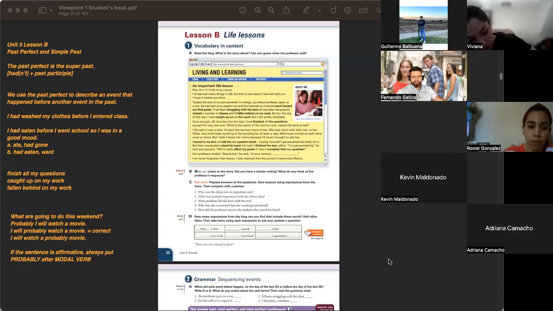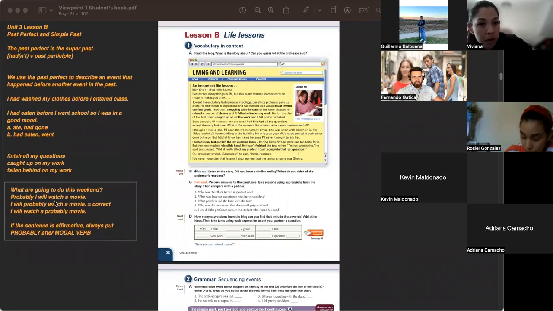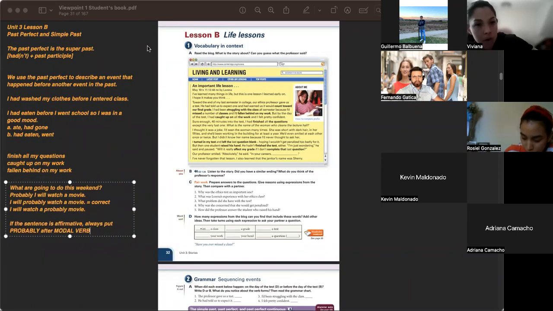That's one random question. Guillermo, tell me. I have a question, teacher. This applies just for when we are using a modal verb, because I remember you said one day that these words can be put at the beginning or at the end of the sentence, but I don't remember which tense.